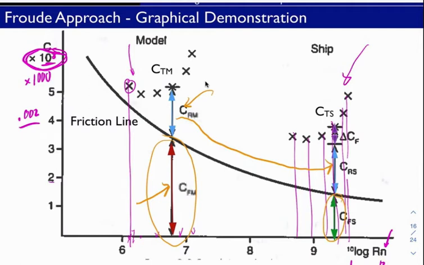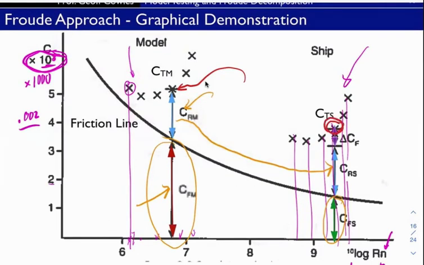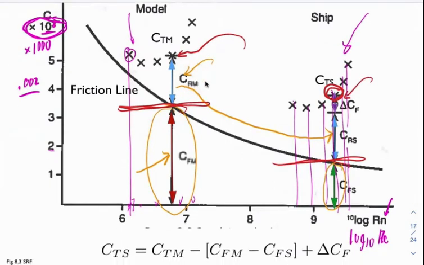And so what we're trying to estimate, we're effectively measuring this, and we're assuming that blue arrow is the same on both sides. And so where this lands over here is dependent only on the difference in height of these two frictions, how far apart they are, plus this additional delta CF, which is for roughness, which we're going to add on at the end.